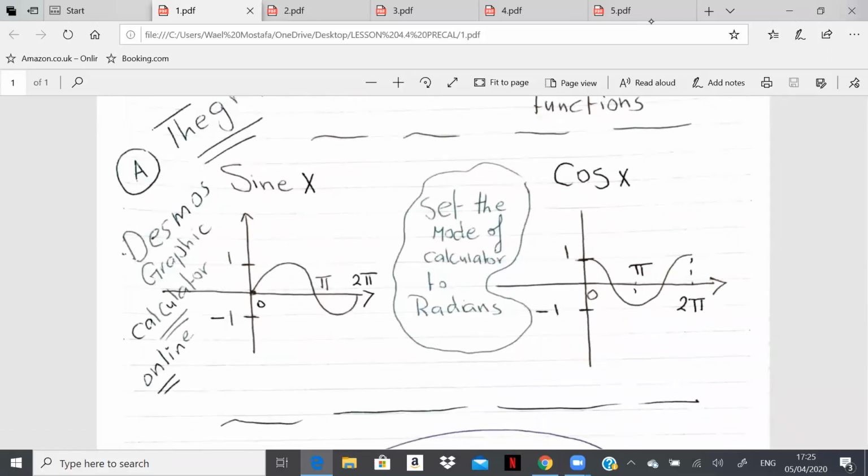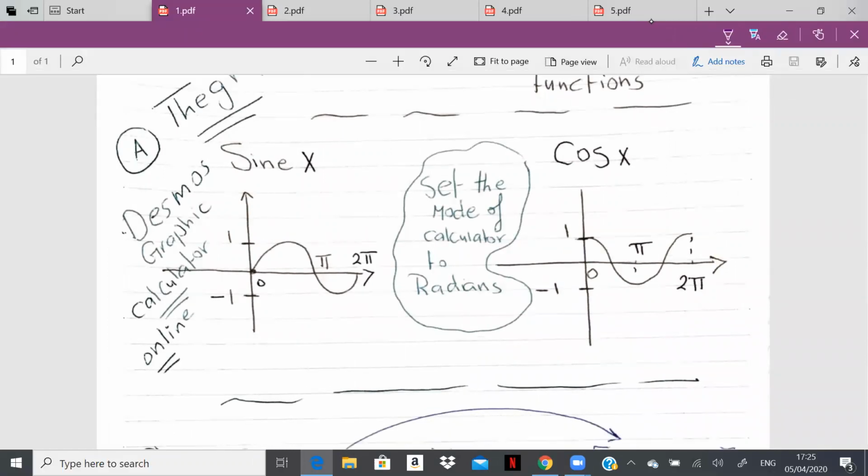What do we have to know actually about sine and cosine? Only the graph itself starts from 0, 0, the midpoint, the x-intercept, pi, and finally 2 pi.